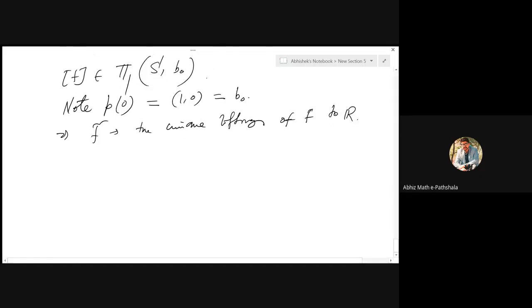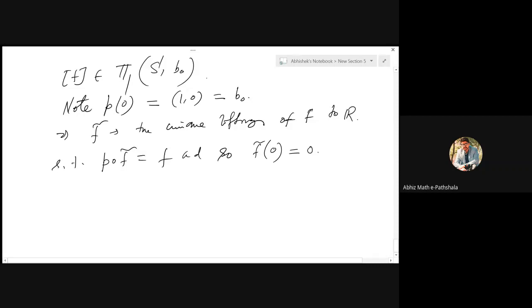I have already given you some examples of liftings for this map. Such that, since it is a lifting, we must have this. And so this map starts at 0, right?